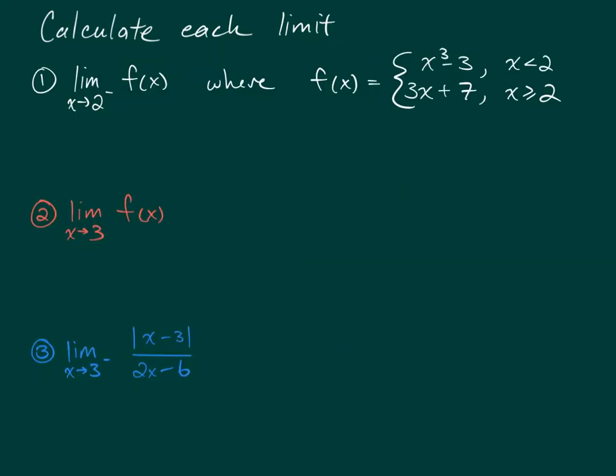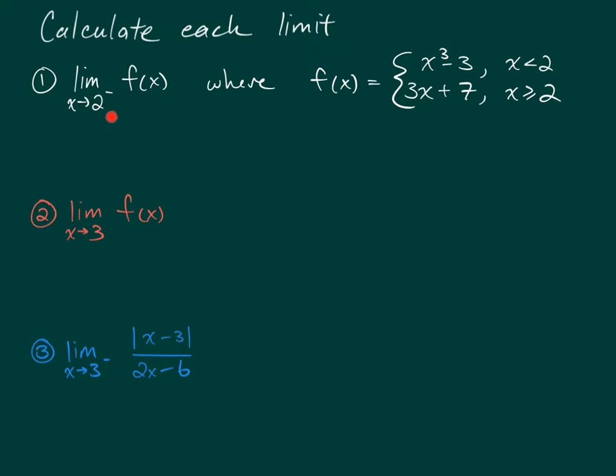Calculate each limit. Most of the examples you'll see on the next two slides are one-sided limits. So let's take a look at this first one. The limit as x approaches 2 from the left of f of x, where f of x is this piecewise function. Our clue here as to which function we should use can be found here.